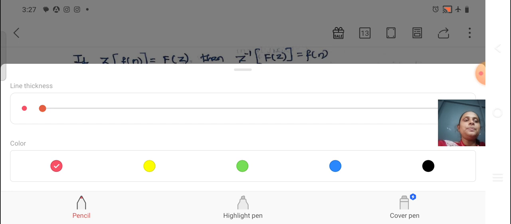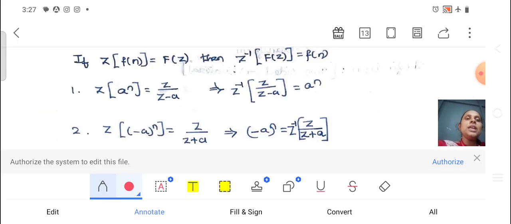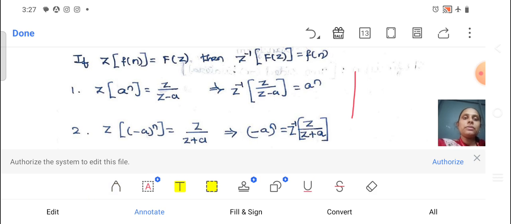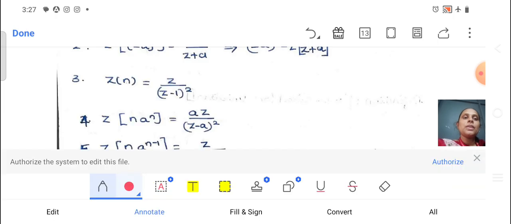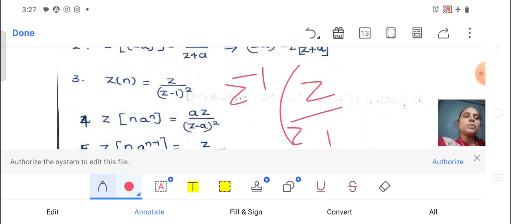Similarly here also we take Z inverse. Z inverse of z divided by z minus 1 the whole square equals n.